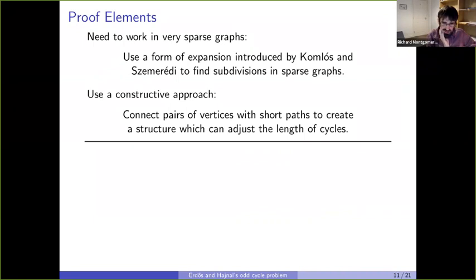These are techniques that both Hong and I had worked on individually and together. And we're going to use a very constructive approach. So lots of drawing on the blackboard, and Hong and I spent a long time drawing potatoes and paths between them and so on. So the constructive approach that we're going to use, our tool of construction, is to say that we can connect pairs of vertices with short paths to create some structure in which we can adjust the length of cycles.